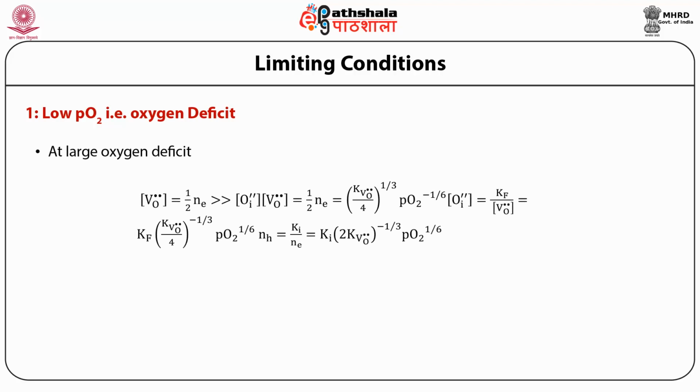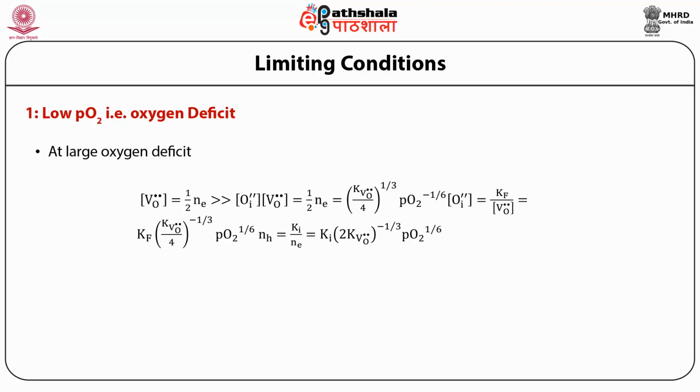At large oxygen deficiency, we can assume that VO double dot concentration is equal to half of Ne, which is much greater than the concentration of OI double prime. Therefore, the previous equation becomes the concentration of VO double dot is equal to half of Ne, which comes to be the K of VO double dot by 4 to power 1 by 3 times the partial oxygen pressure, PO2, to power minus 1 by 6.